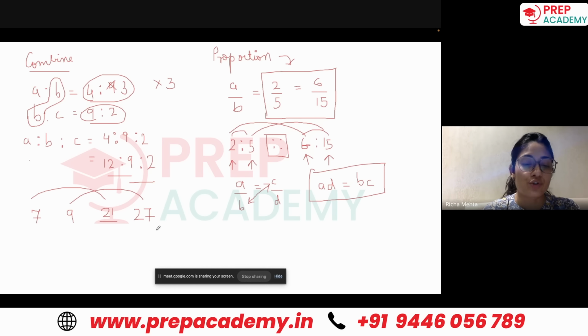Now proportion can exist between 4 numbers. Proportion can also exist between 3 numbers. How? So let's say for example numbers like 3, 9, 27 are the 3 numbers in proportion. So when are the 3 numbers said to be in proportion? When the ratio between first and second is equal to the ratio between second and third.